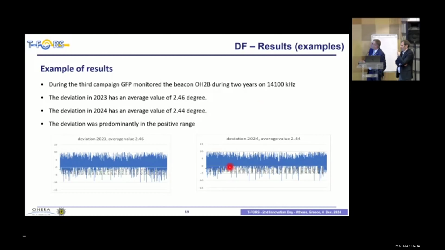We saw an average value of 2.46 degrees and 2.44 degrees over these both years. Interesting is that the deviation is in the positive range. A lot of values are in the positive range of deviation, and only some values in the negative range.